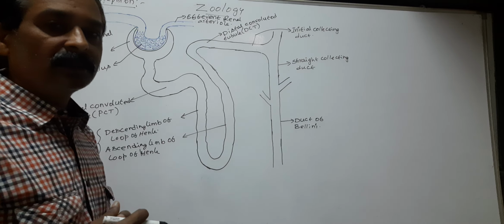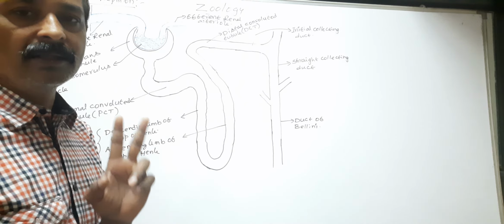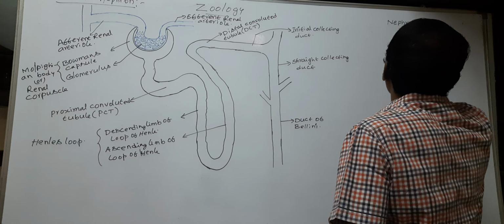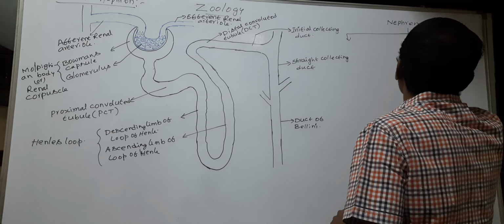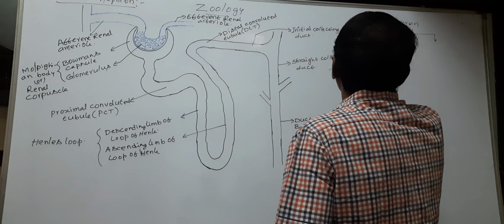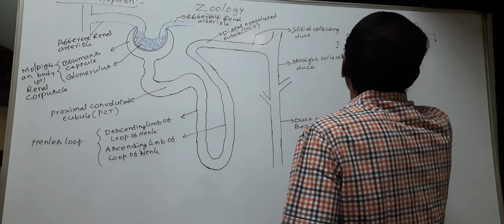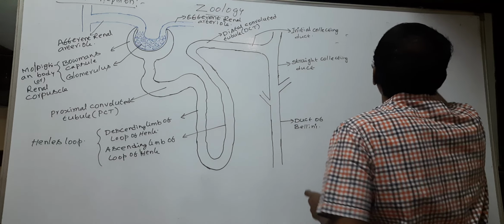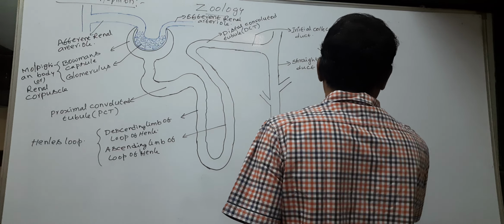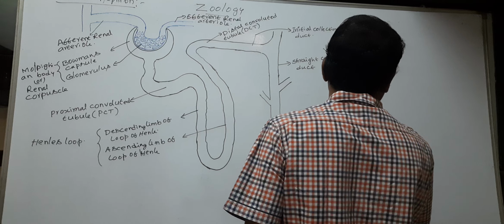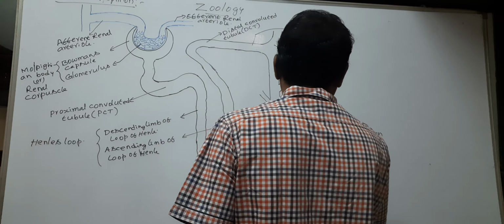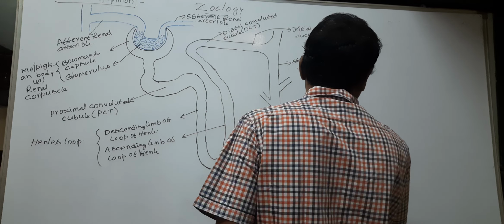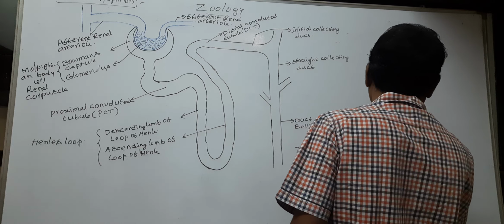The human nephron divides into two parts: number one, Bowman's capsule, and renal tubule.